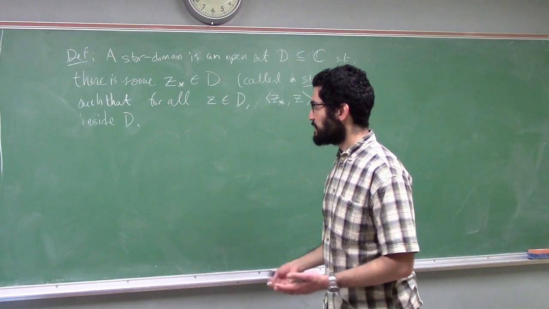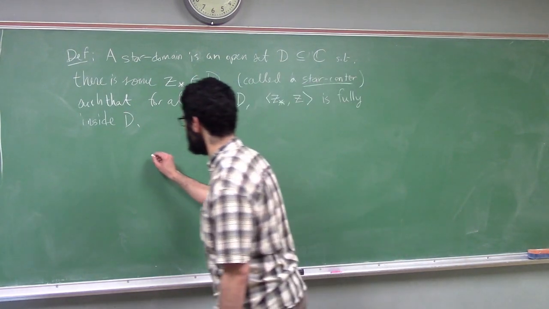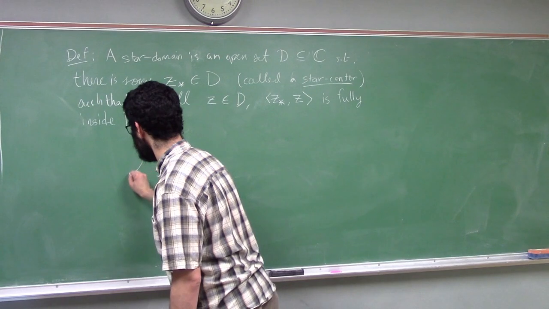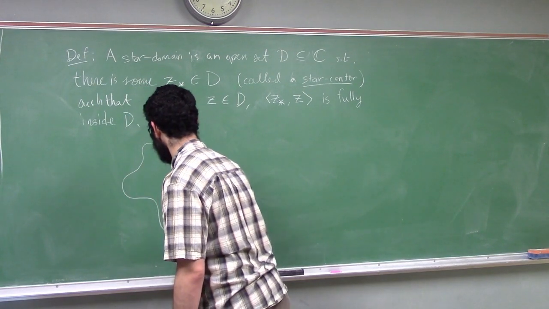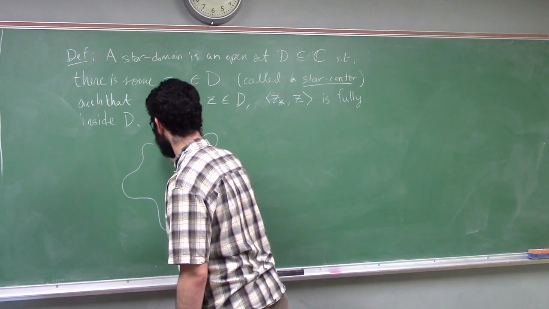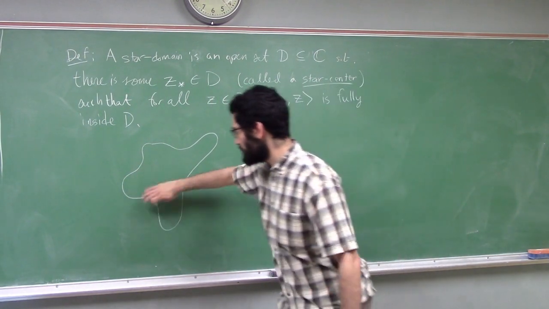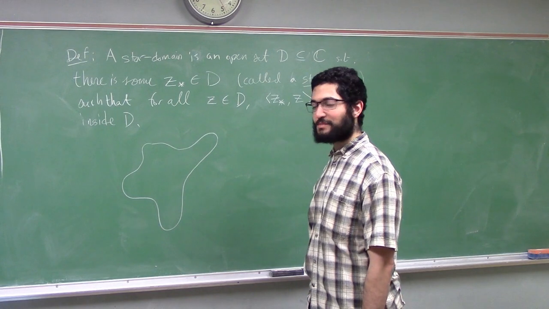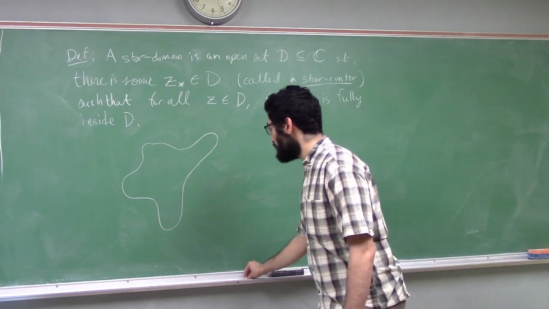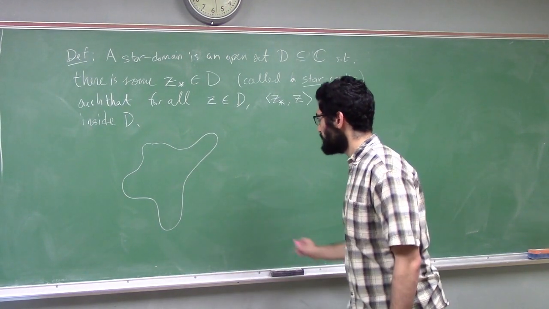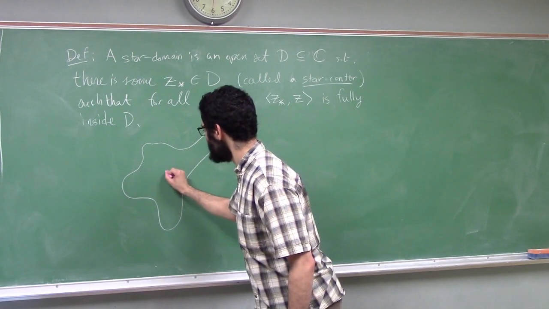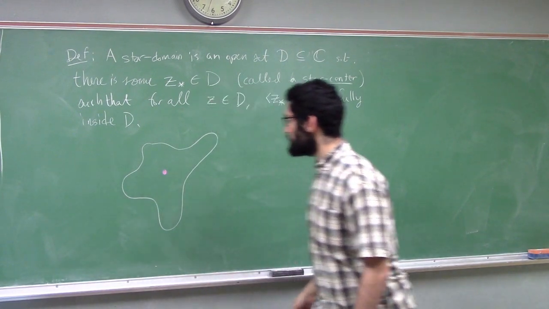Okay, so let's look at an example. So take this blob, including the inside, in the complex plane. Then this point could be used as a star center.